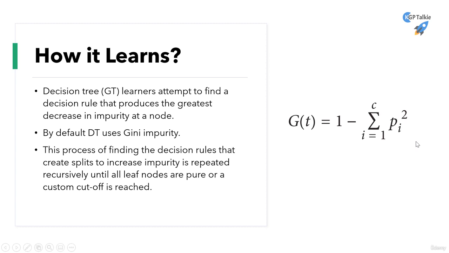This process of finding the decision rules that create a split to decrease impurity is repeated recursively until all leaf nodes are pure or a custom cutoff is reached. In this formula, G(t) is the Gini impurity at node t and p_i is the proportion of observations of class c at node t. Alright, perfect.